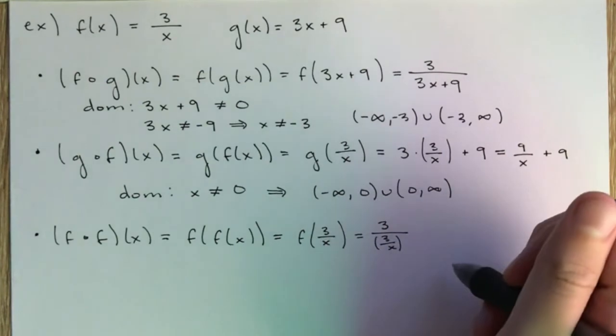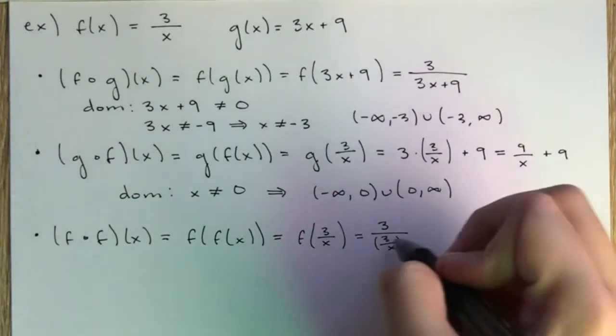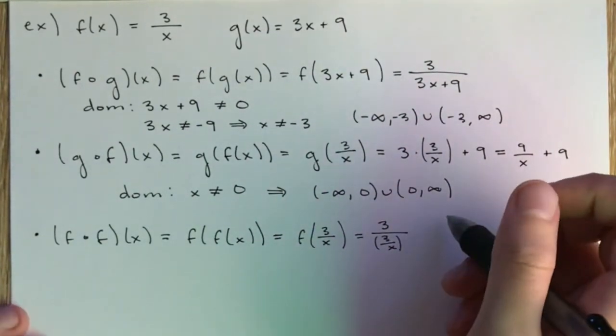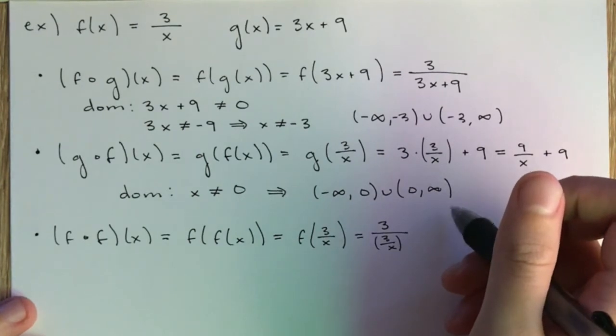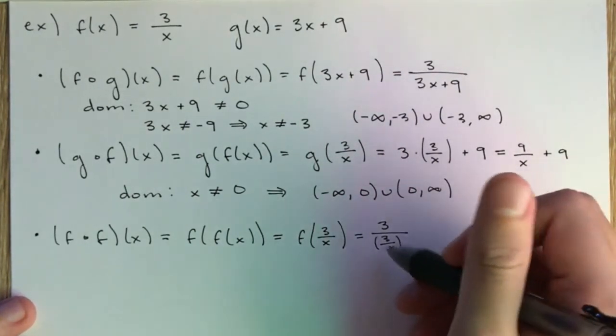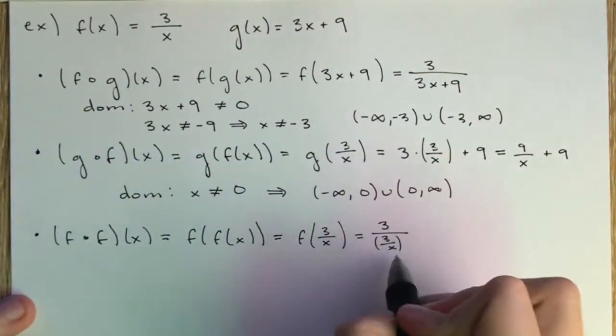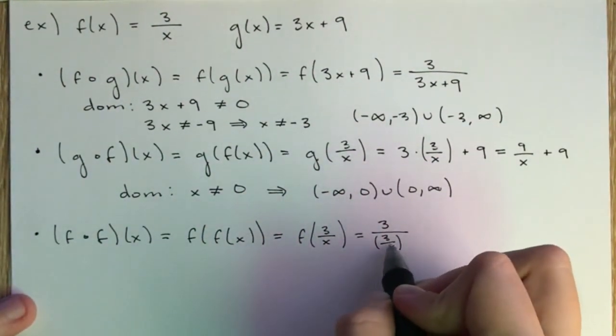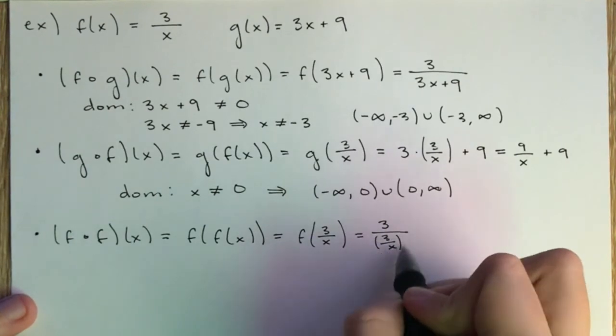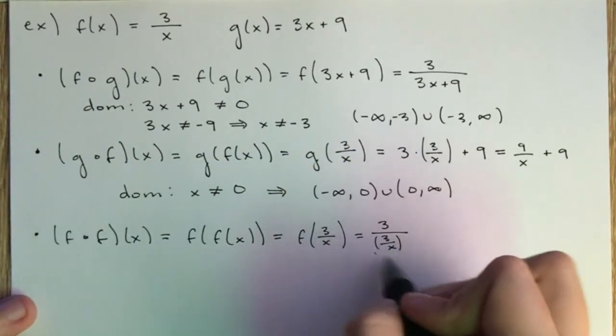Super weird. So we want to use our domain rules with this. Wherever we have a denominator, we don't want that denominator to be 0. So I see two denominators, right? I see this denominator here, and then I see this guy as a denominator also.